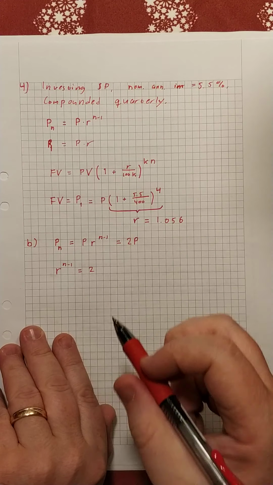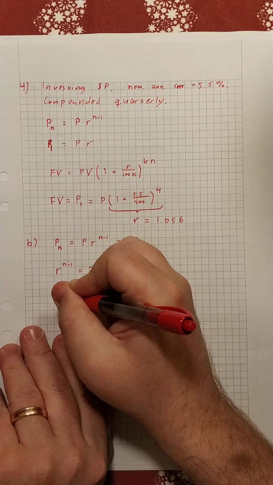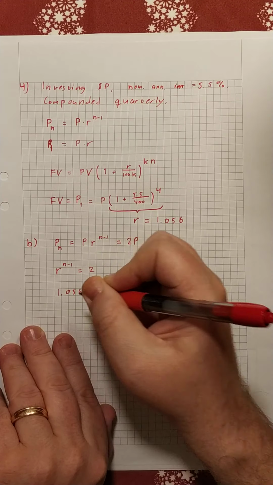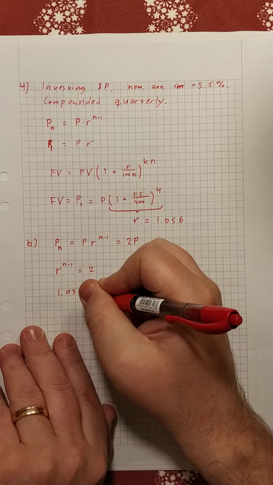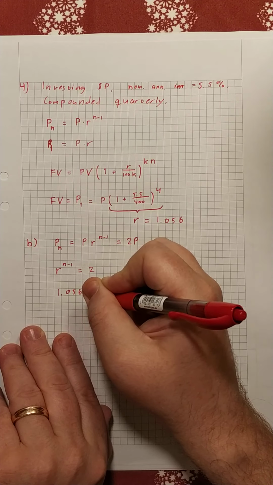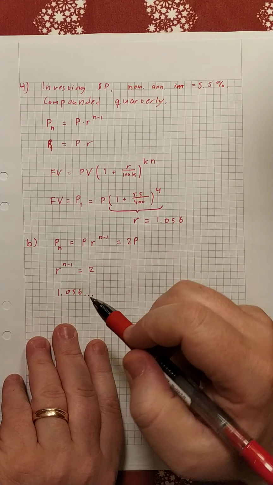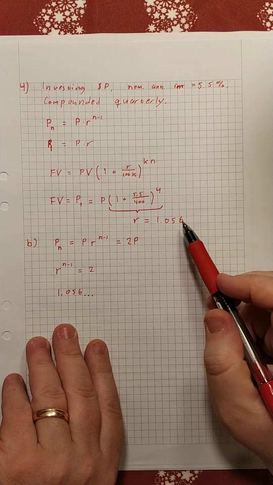We know what r is: it's 1.056. And here we should be very careful when we solve this to use the full precision of our calculator.